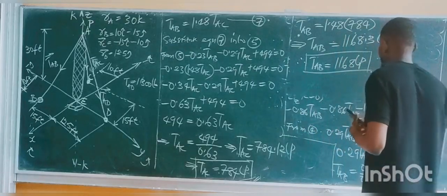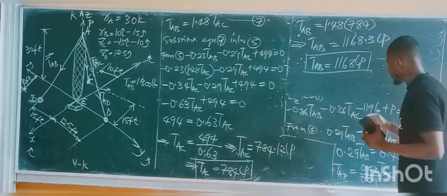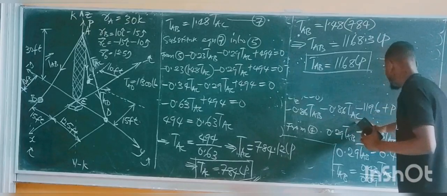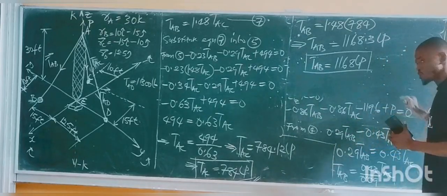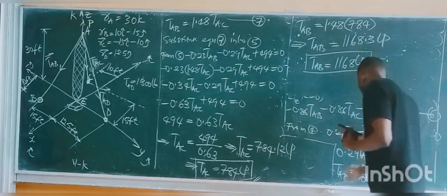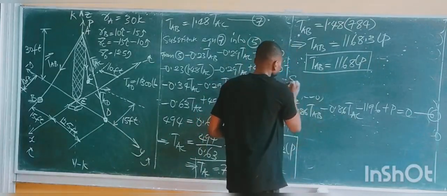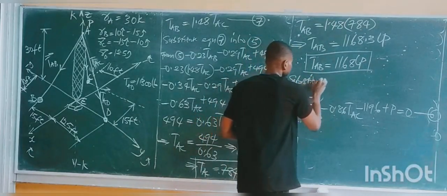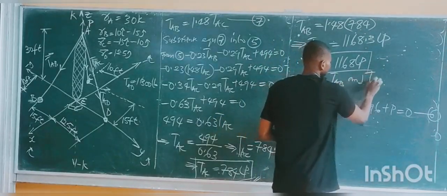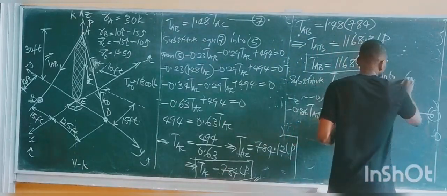So we now know the tension in cable AC and the tension in cable AB. All we need to do is plug those values of tension into equation 6, so we can find the value of the force P, the force that governs around the antenna. So substitute TAB and TAC into equation 6.